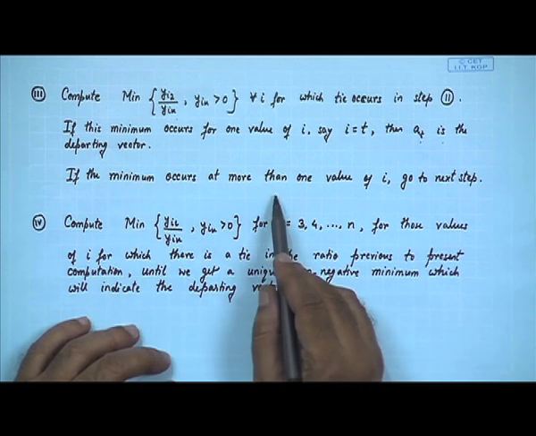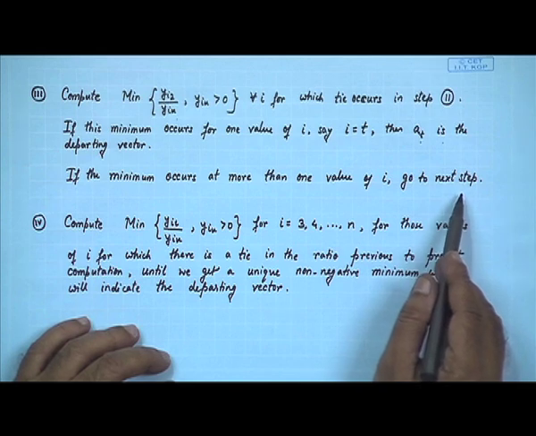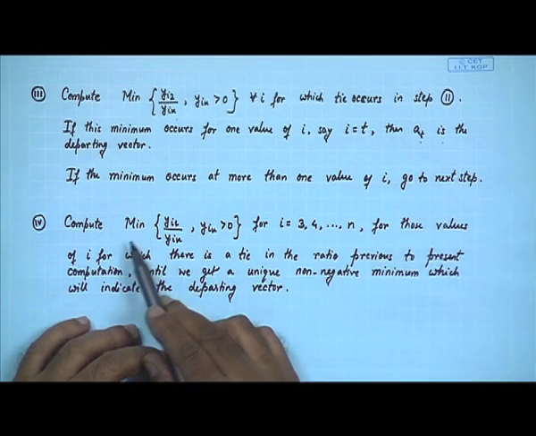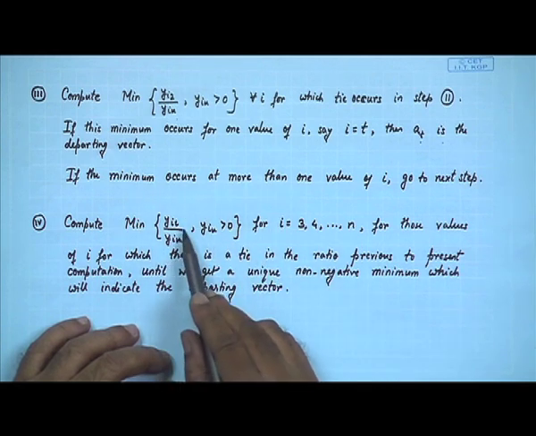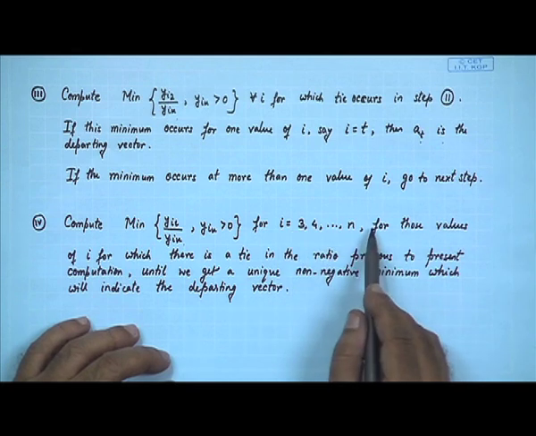If the minimum occurs at more than one value of i, then I have to go to the next step. So compute like this way minimum of yil by yik for l equals 3, 4, n, like this.